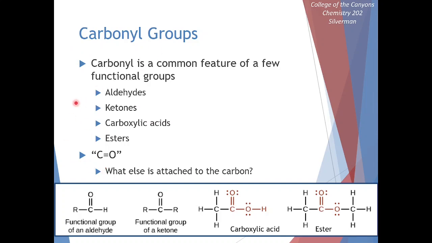We might have aldehydes, ketones, carboxylic acids, esters, or there's even other ones once you start adding other types of elements. But here are the ones that we'll actually look at for a moment: aldehydes, ketones, carboxylic acids, and esters.